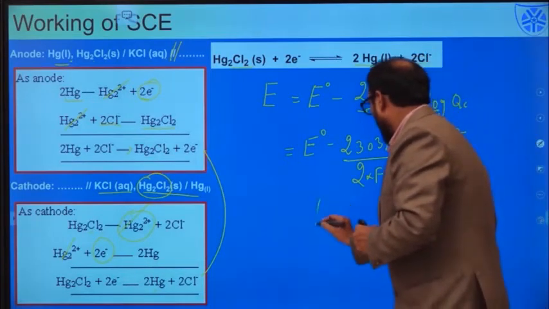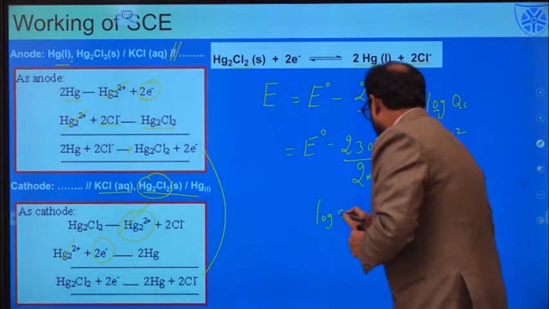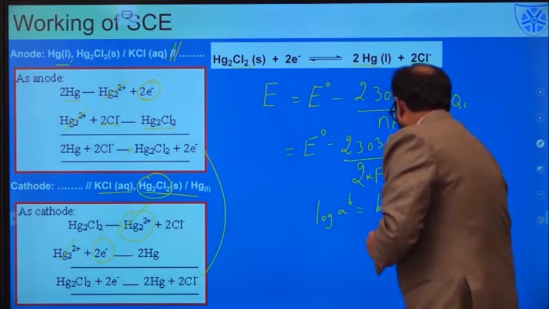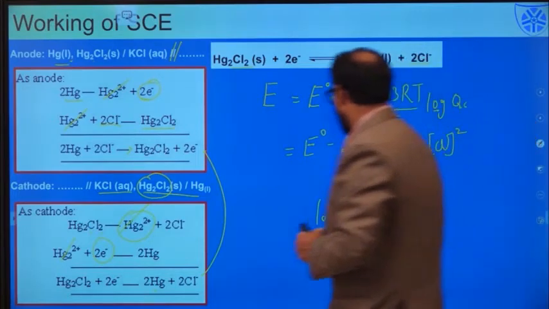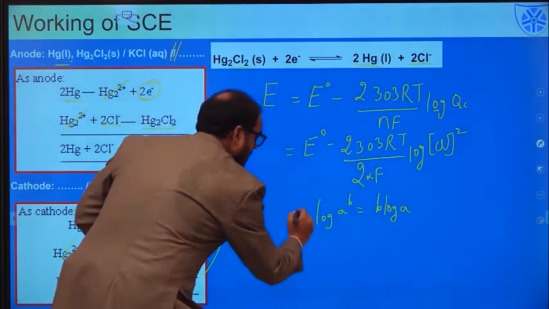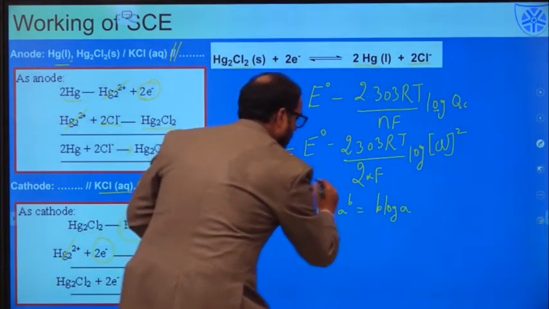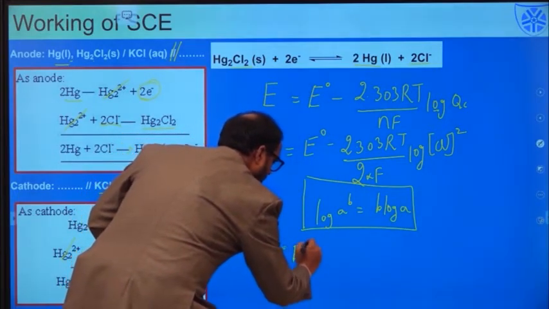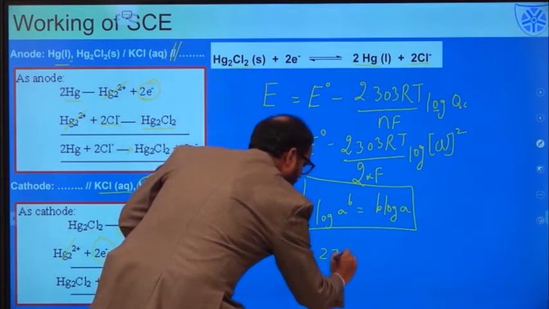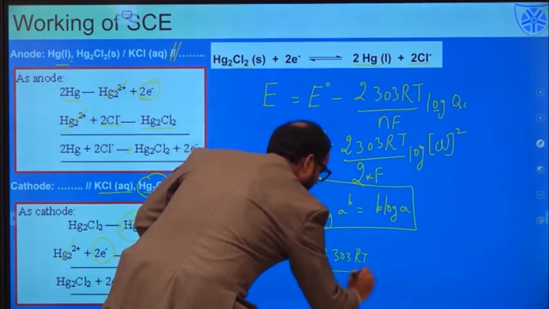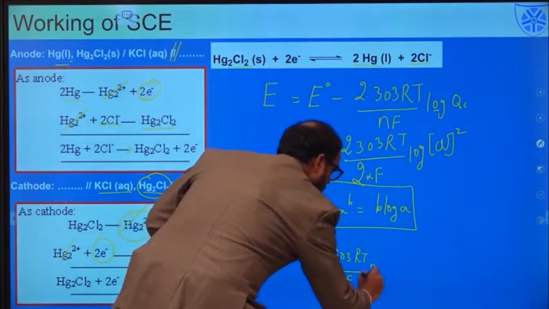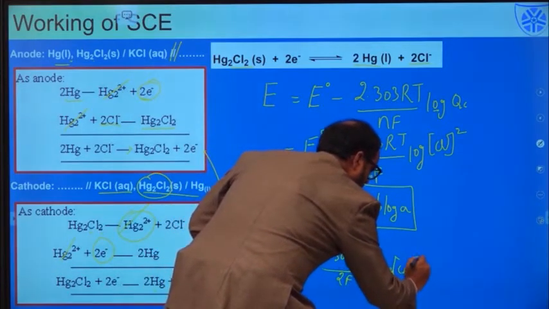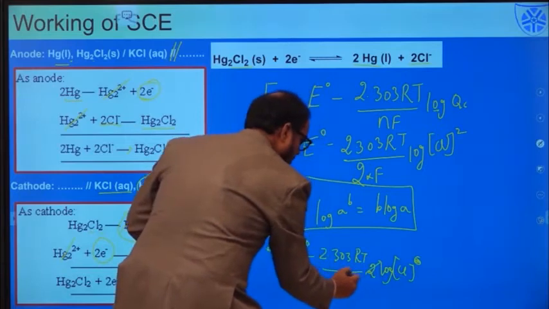Since we know that log A to the power of B is equal to B log A, I can write the cell notation as E is equal to E naught minus 2.303 RT by 2F, 2 log Cl minus concentration. So this is going to nullify.